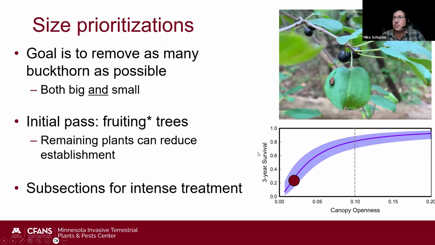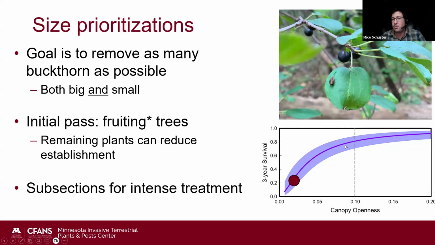And we know that from some early work we did looking at seedling survival rates relative to canopy openness. So this is a graph looking at 3-year survival rate of seedlings relative to canopy openness, basically how much light you would see if you look up in the sky. And you can see that buckthorn really doesn't care once you get above 10% canopy openness.